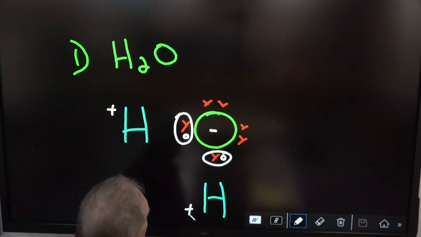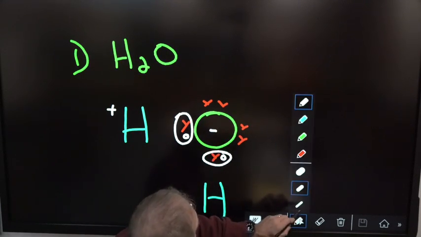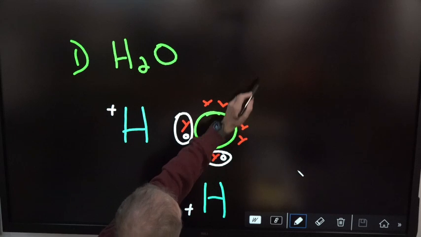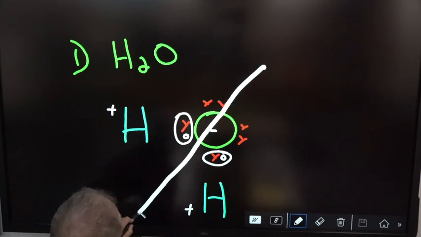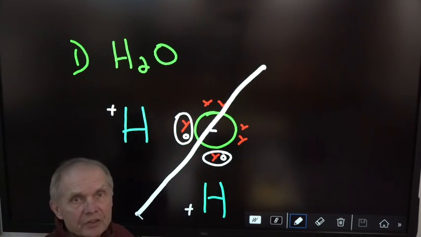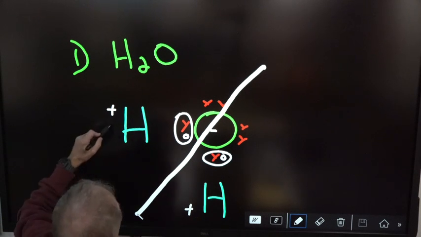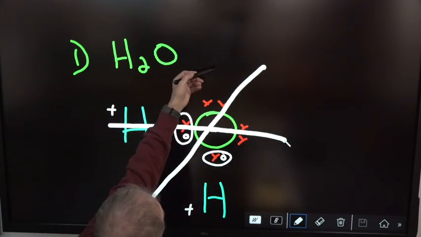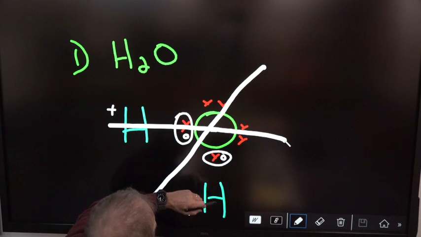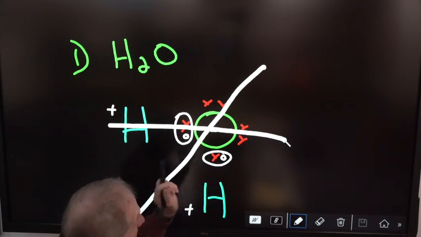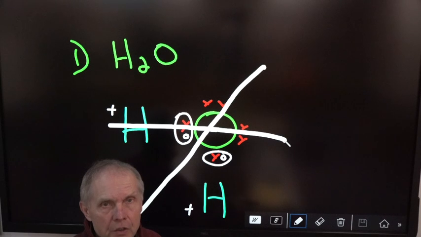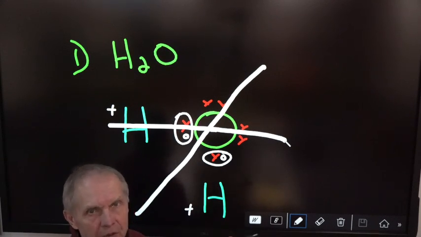So let's see. If I cut this molecule right down the middle like this, it looks the same on both sides. But if I cut the molecule this way, it doesn't look the same because down here it's got an H, up here it doesn't. So this molecule, the water molecule, is asymmetrical.